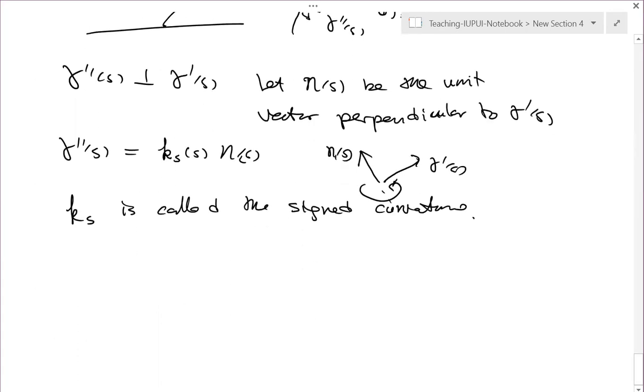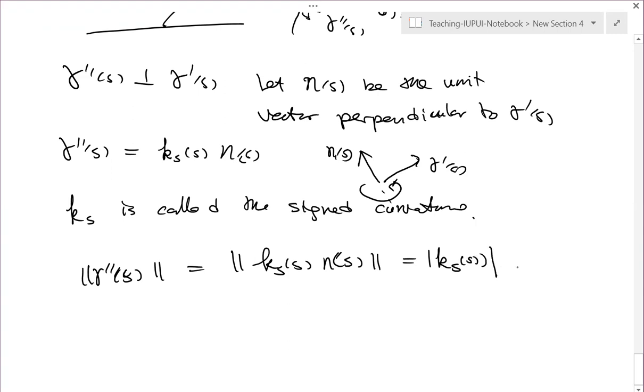Now, the relationship between the signed curvature and the curvature is that the curvature is the absolute value of it. The second derivative is going to be the signed curvature times the normal vector, and since the normal vector has unit length, it's gone.